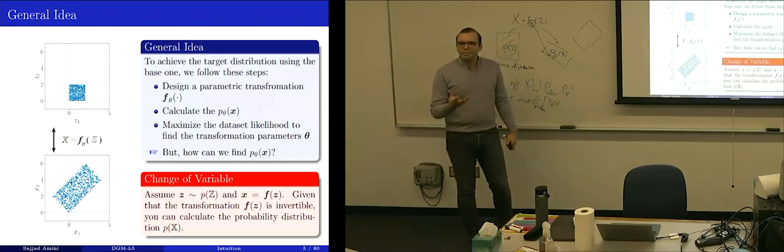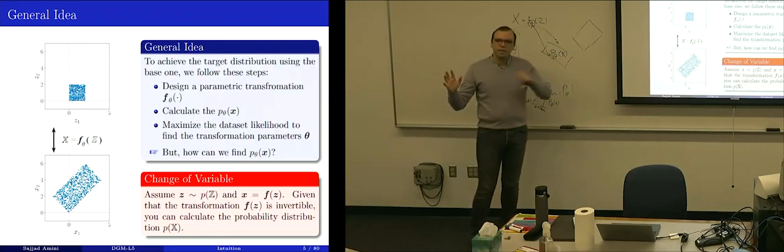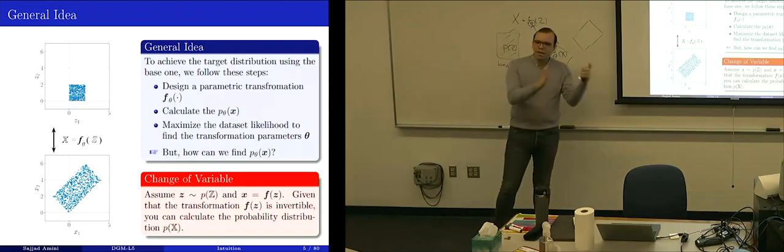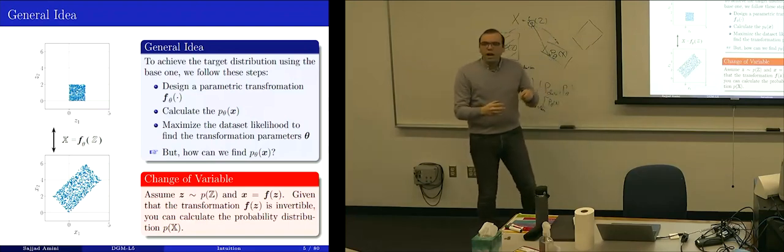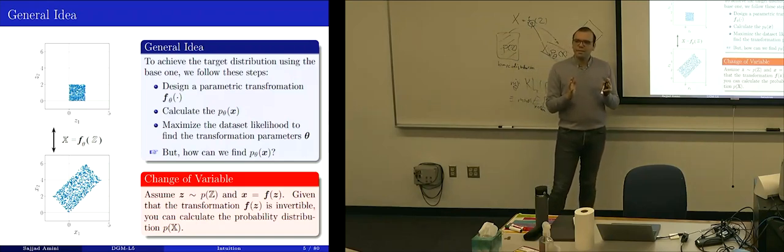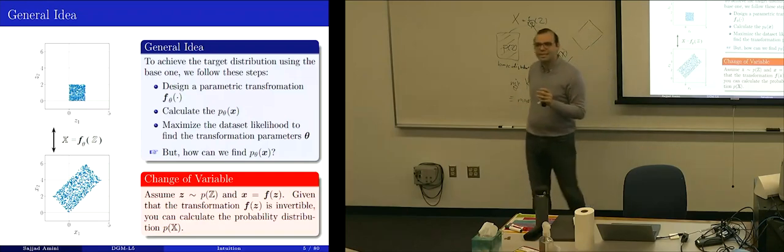I think you catch the main concept here. I have a base, I have a transformation. That transformation is parametric. If I transform the base using that transformation, I have a new distribution. The new distribution is parametric. Why? Because it uses the transformation. I know what the best one should be: the one that gives high probability to data coming from the data set, using the KL distance.